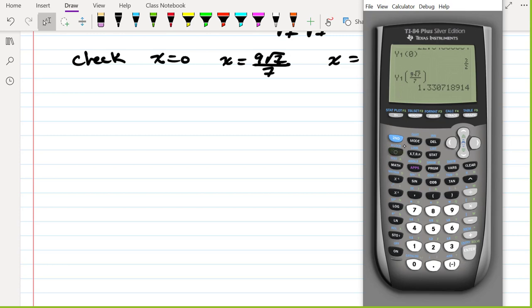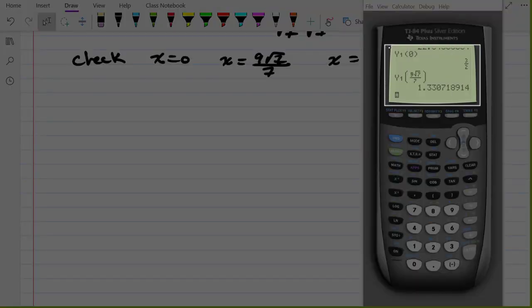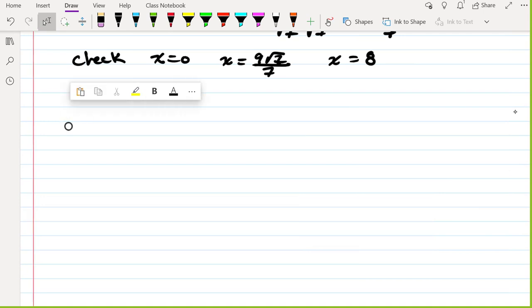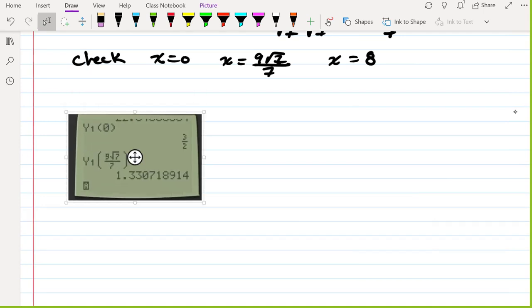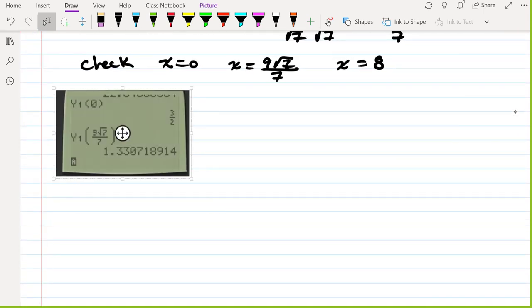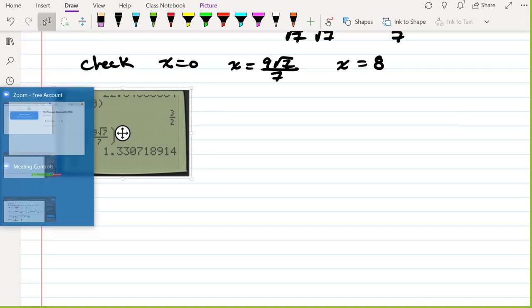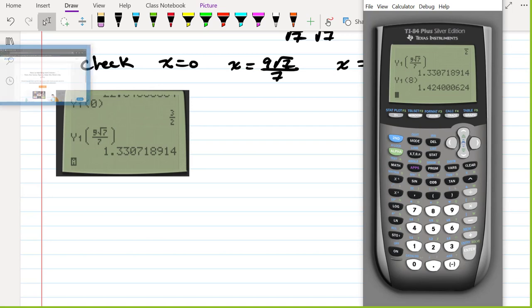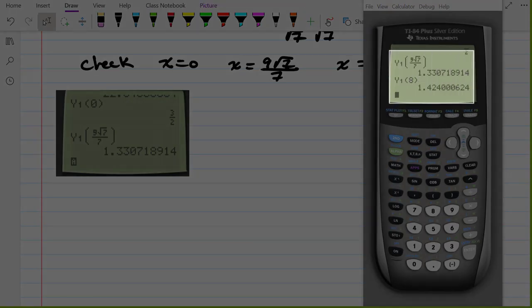And lastly, I better clip that though. And lastly, we put in 8, and we get 1.42.